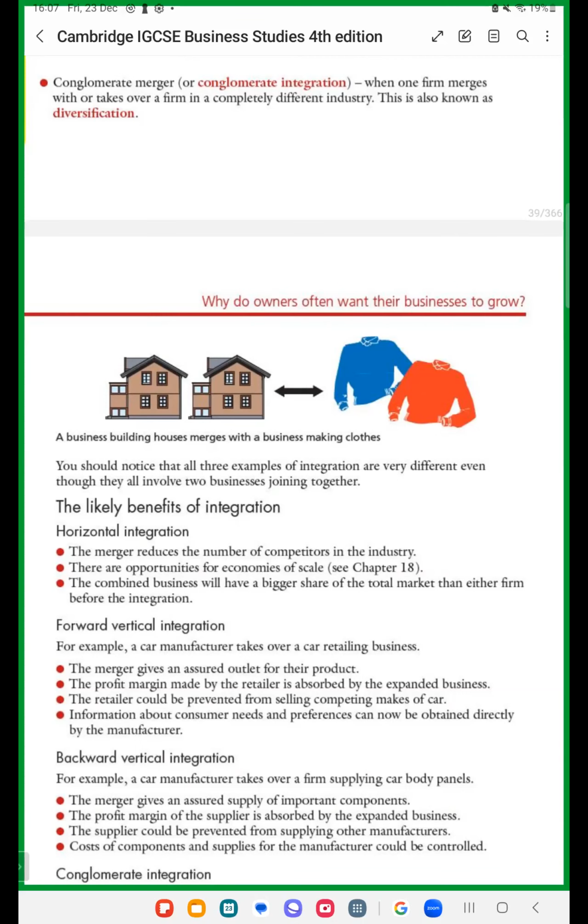Miss, for conglomerate, can it be in the same level of production, or it has to be different? It has to be different. Okay.